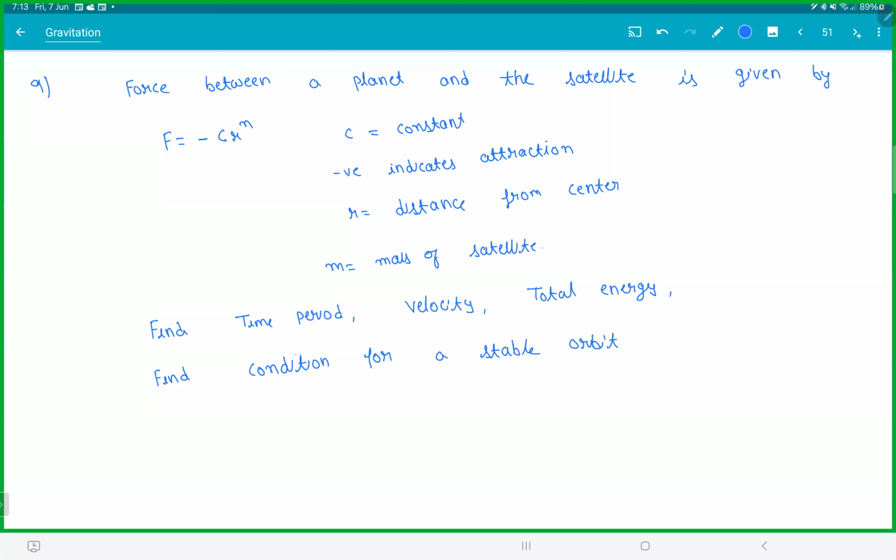2 pi root m by C, R power n minus 1. Yeah, something like that. I'm more interested in the condition for stable orbit. That would be a good one.